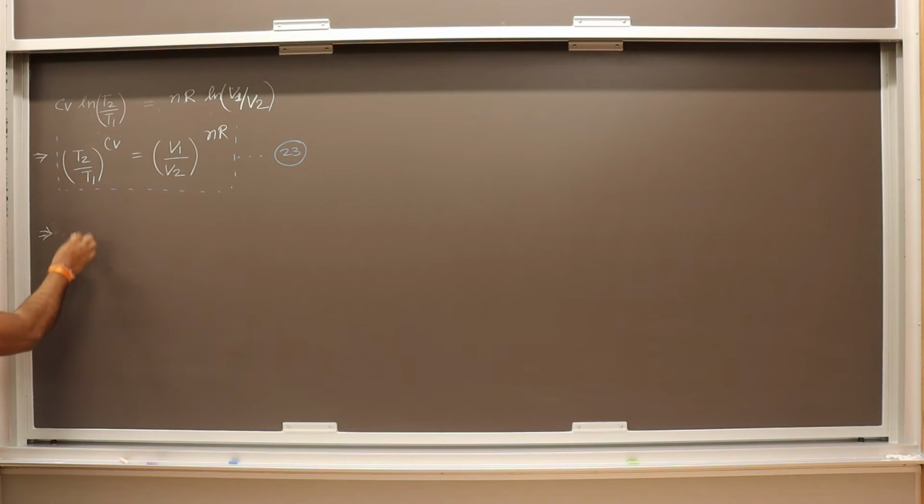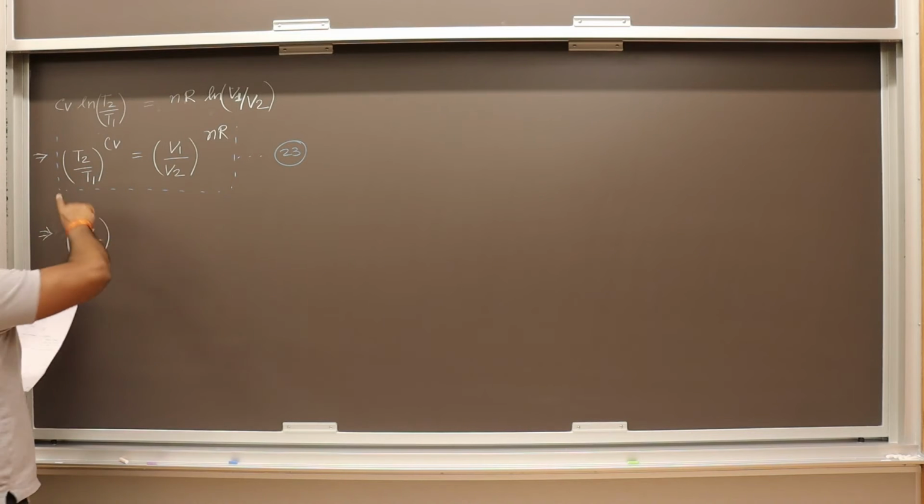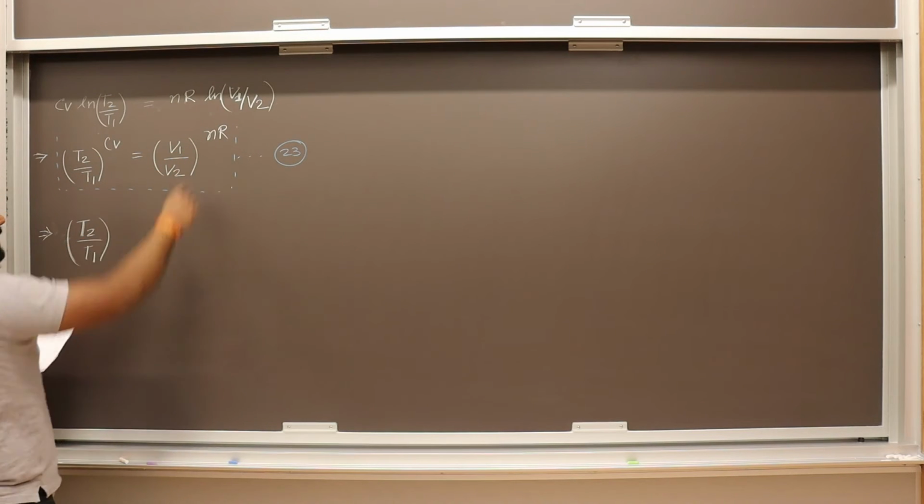I'll just get this Cv to that side. Now I can do that by taking the, so if you have a square in here, so if you get the square root, this 2 appears to have gone to that side, right?